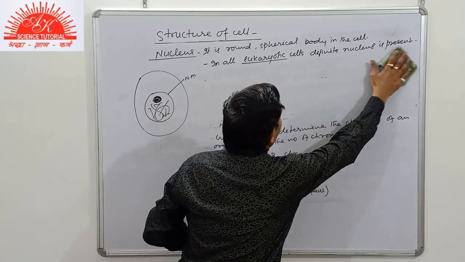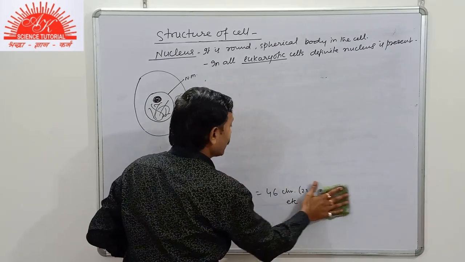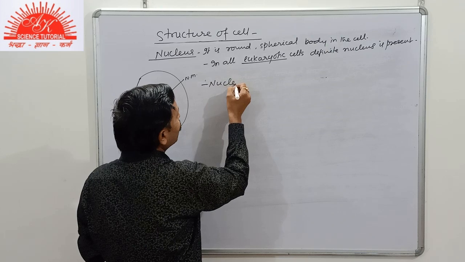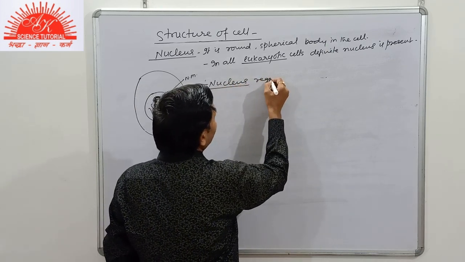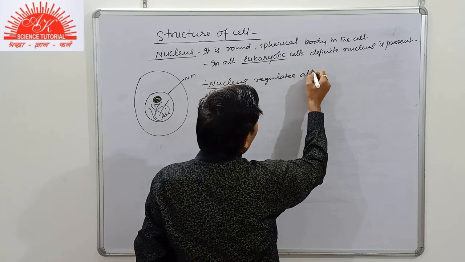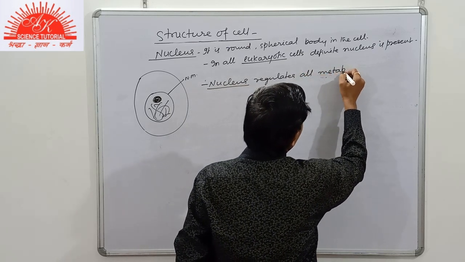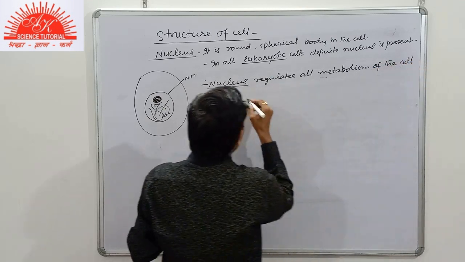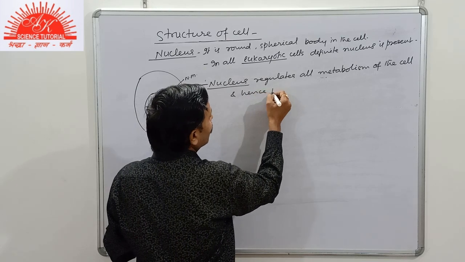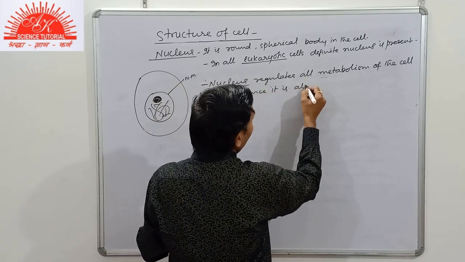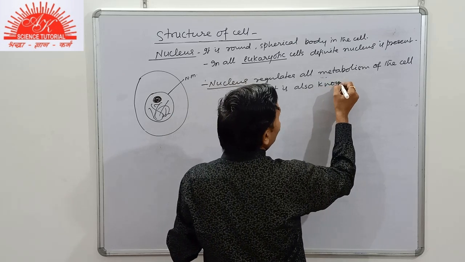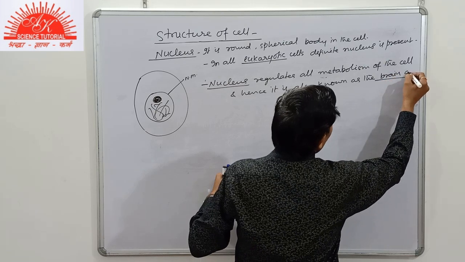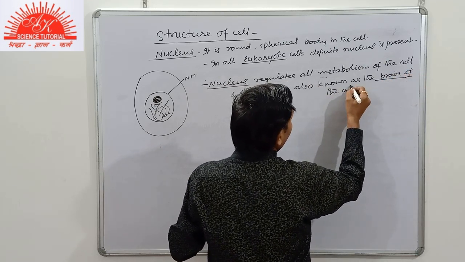Now we see, students, that overall, if we study together, we say that the nucleus regulates all metabolism of the cell, and hence it is also known as the brain of the cell.